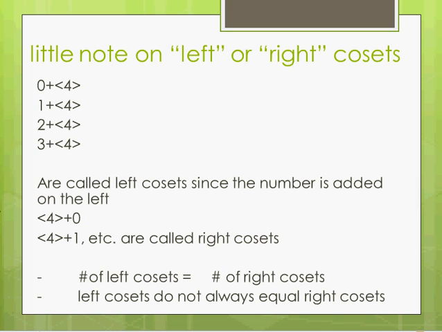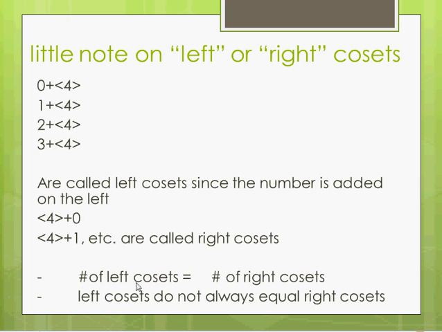When they talk about right cosets, they're talking about the number you add on the right, or the element that you multiply by on the right. It's really not that confusing, but you need to see the rest of the lecture to understand what I'm saying. I'm going to say it several times, so hopefully by the end you have some grasp of it.